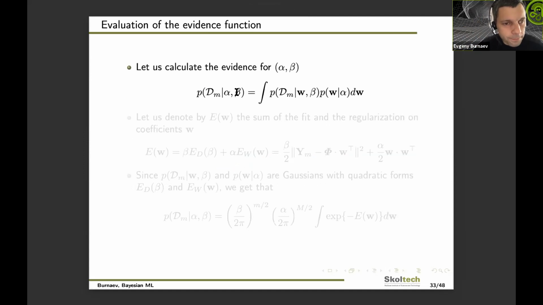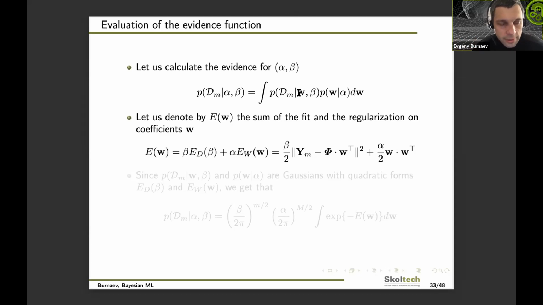What is it? This is the likelihood of the data given W and beta, and we integrate it with respect to the prior distribution of W. So we need to take the likelihood of the data and integrate it with respect to the prior distribution. That's it. How can we do this?